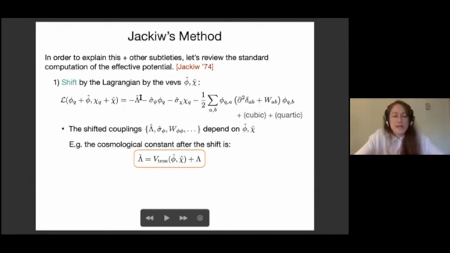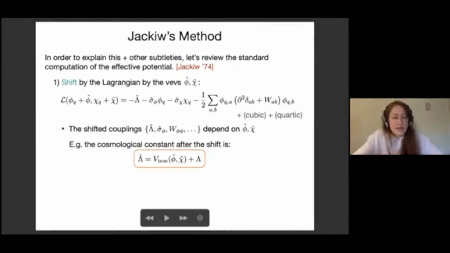Like this lambda hat is the cosmological constant. After the shift, it depends on phi hat and chi hat. These sigma hats are the linear terms after the shift. They depend on phi hat and chi hat. The quadratic terms are just given by the W matrix elements that I gave on a previous slide, and so on, up through quartic order in this case.